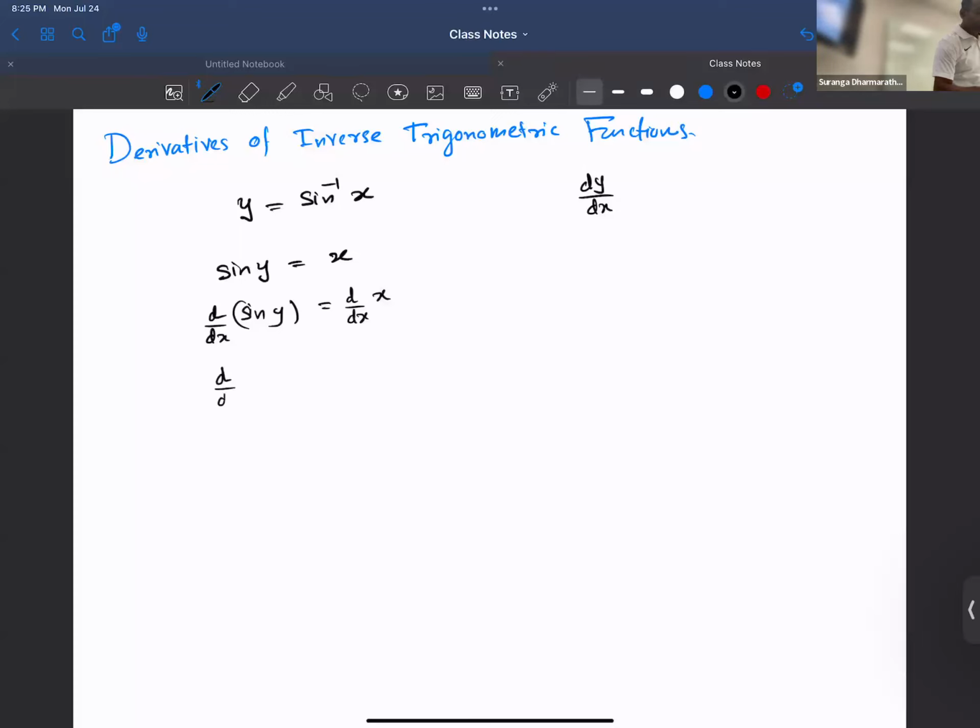d over dy sine y times dy over dx equals, what about the right hand side? 1, just 1, good. So what is d over dy sine y?